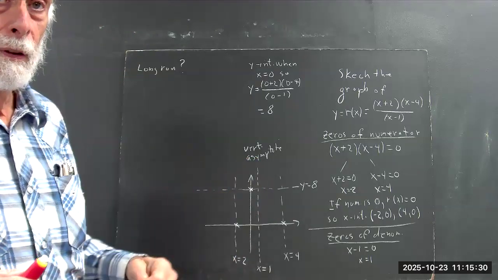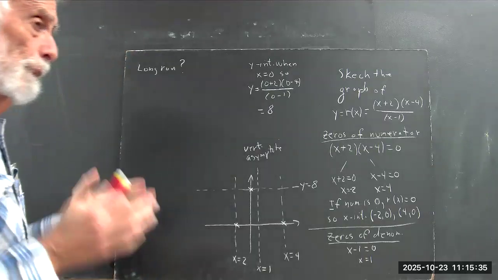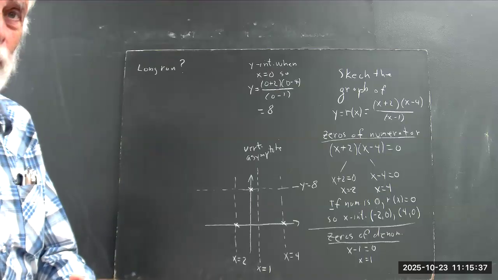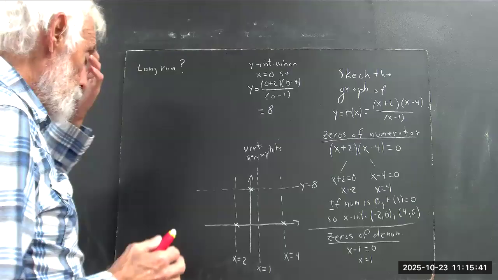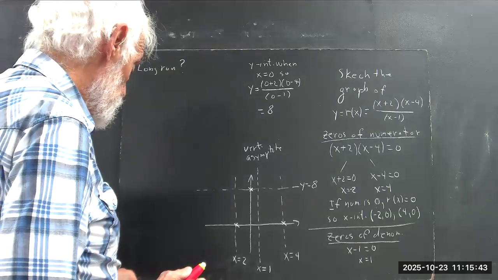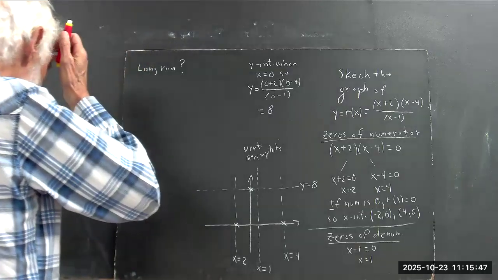And we talked about that last time, didn't we? Yeah, I thought so. Talked about that both in this class and in the pre-calculus class. And the last time I remember talking about it was in the pre-calculus class, but if I recall correctly, I did talk about it here. Okay, the long run.